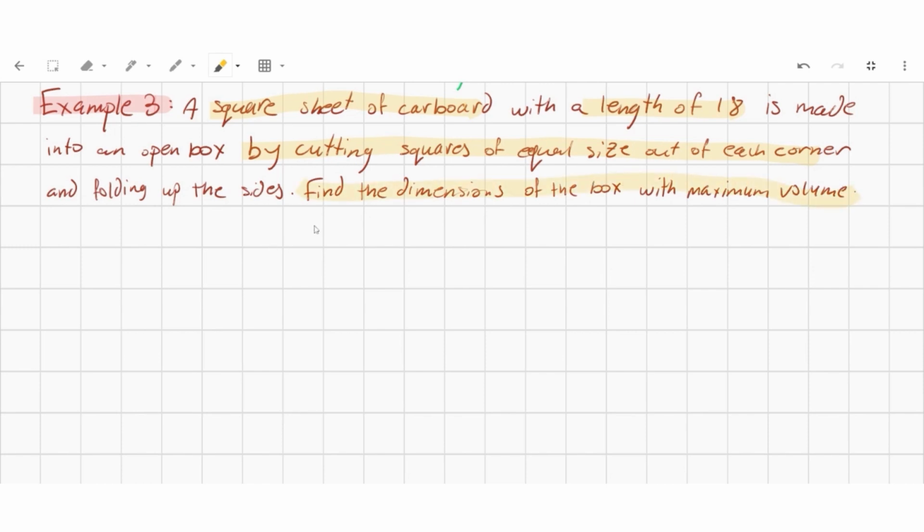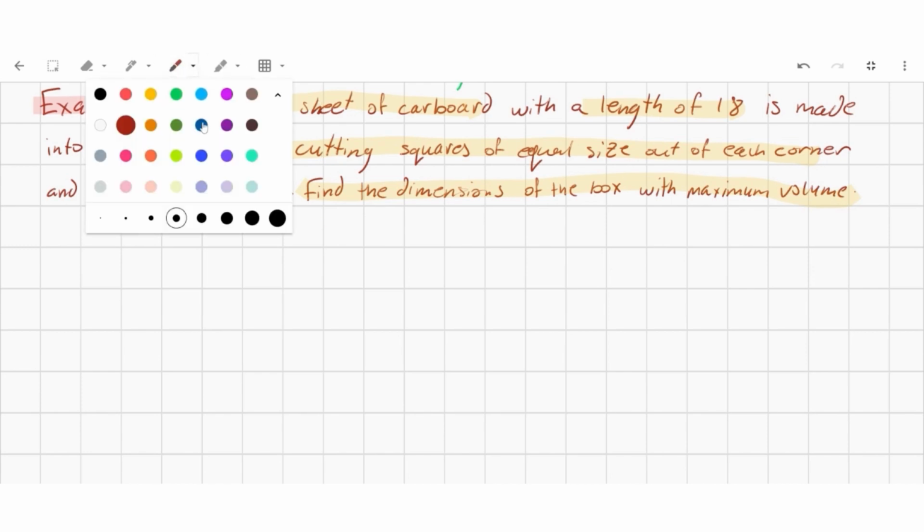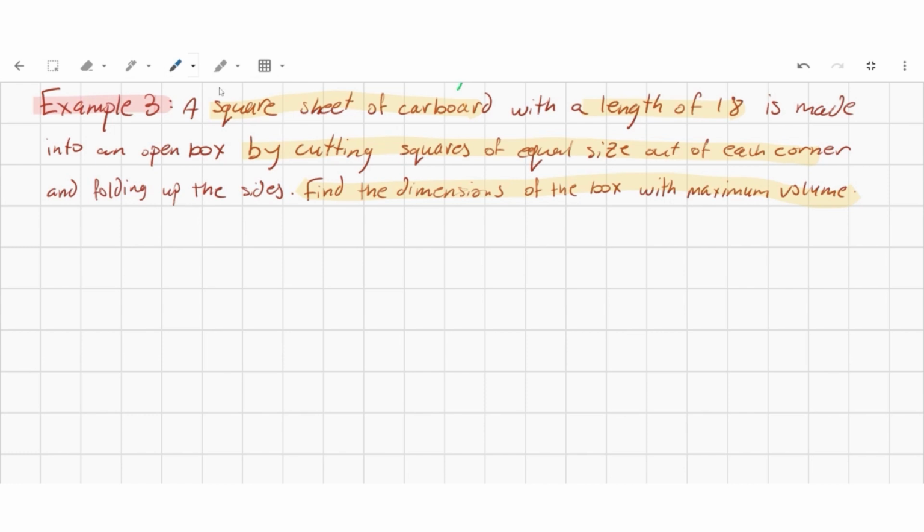There is going to be proving in this question. Now, so that we don't go off track or get lost, let's draw a diagram again representing this square sheet. So it's going to be a square. And then here they said with a length of 18.